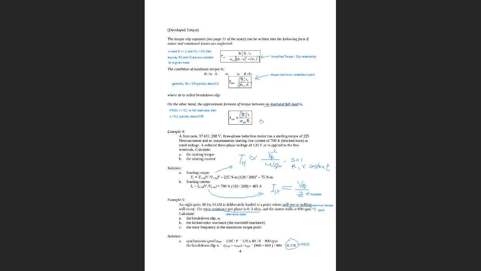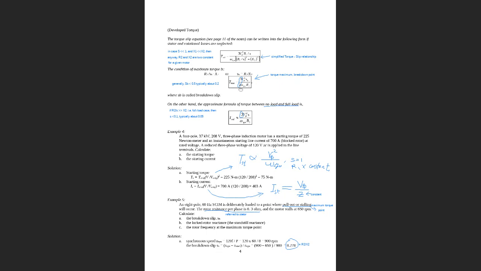Okay, that's this one. At the moment that the motor has maximum torque, the slip equals R2 over X2.